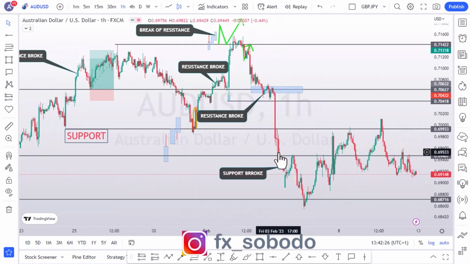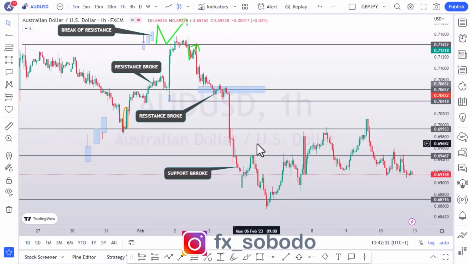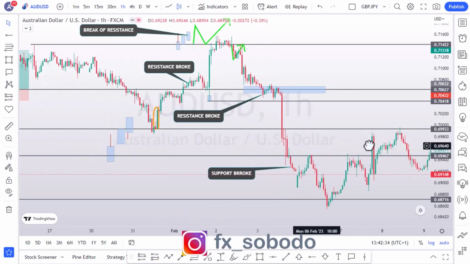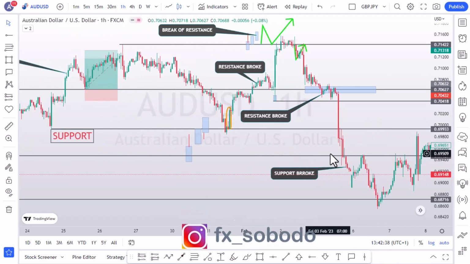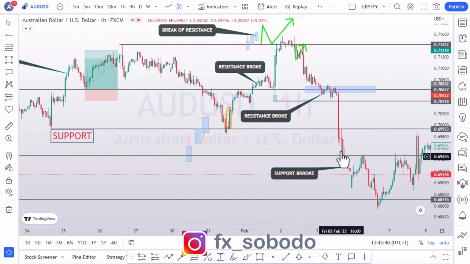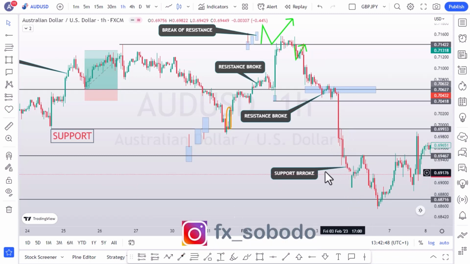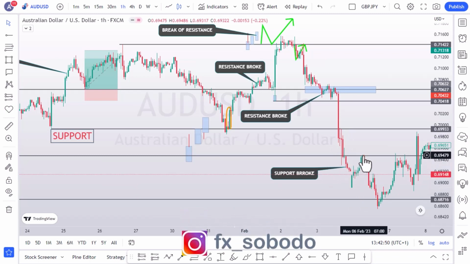Here, when price came now, for the first time it retested, and when price came for the first time in the 1 hour time frame, this guy got shocked and it moved up, thereby creating weak rejection. For the second time it finally broke its way to the downside. And what happened? The retest.